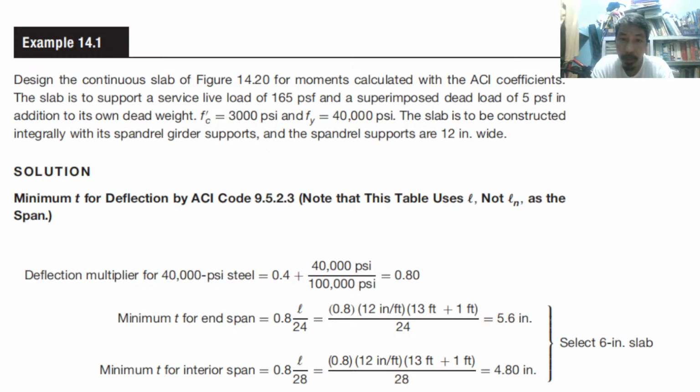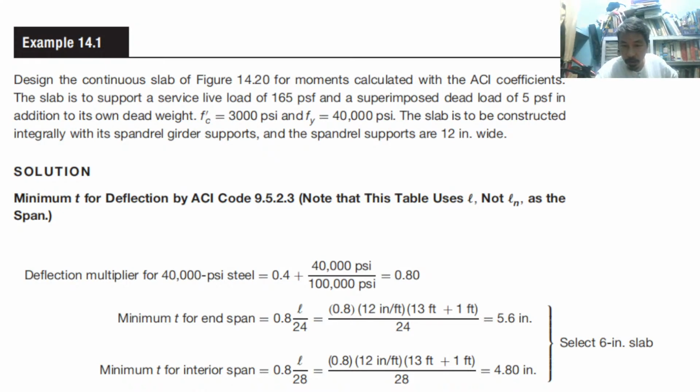So 5 plus dead weight, and FC prime 3000 psi, FY 40,000 psi. The slab is to be constructed integrally. So integral meaning beam, slab, column is integral with its spandrel girder. The spandrel supports are 12 inch wide. Okay, 12 inch wide.